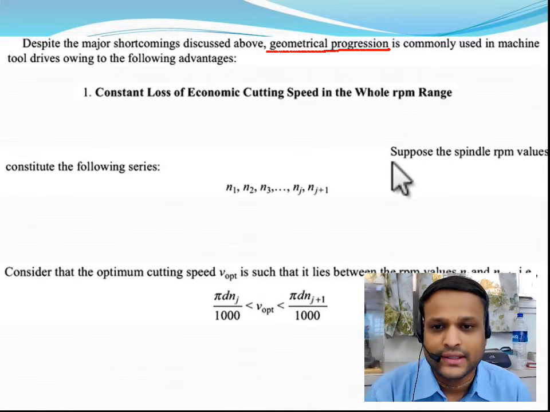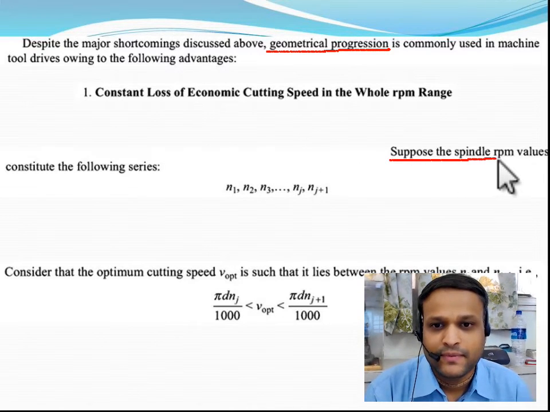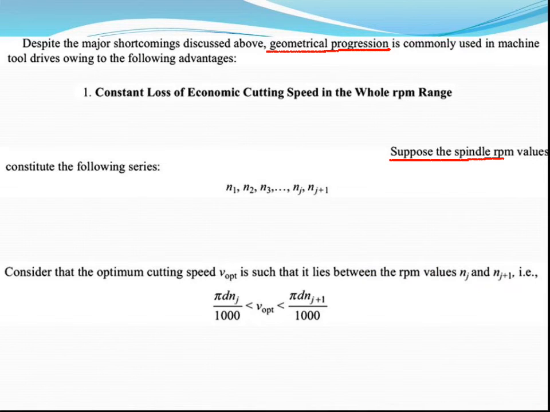So let us come to our slide. Suppose the spindle RPM values constitute the following series: N1, N2, N3, Nj and Nj plus 1. These are the different speed steps that we have seen in the earlier analysis.